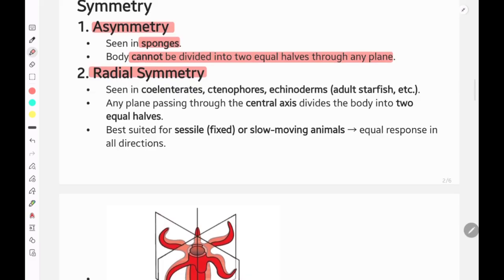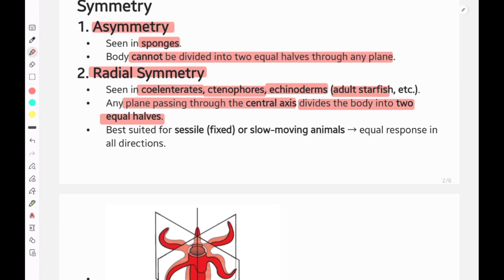Now let's discuss radial symmetry, seen in coelenterates, Ctenophora, echinoderms, and adult starfish. Any plane passing through the central axis divides the body into two equal halves. This is known as radial symmetry.